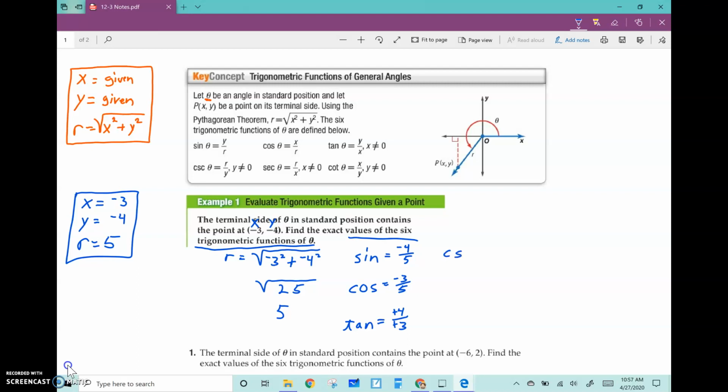Cosecant is r over y. So we have r as 5 and we have y as -4. Secant is going to be r over x. So we've got 5 over x.